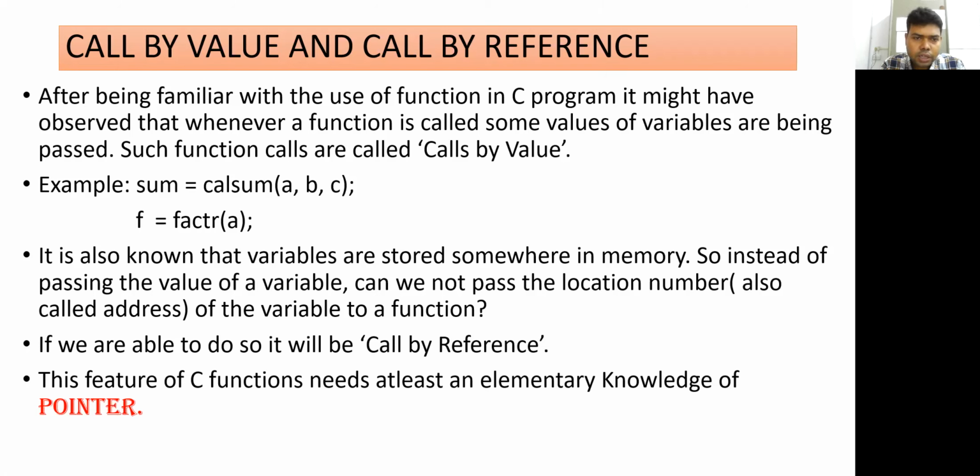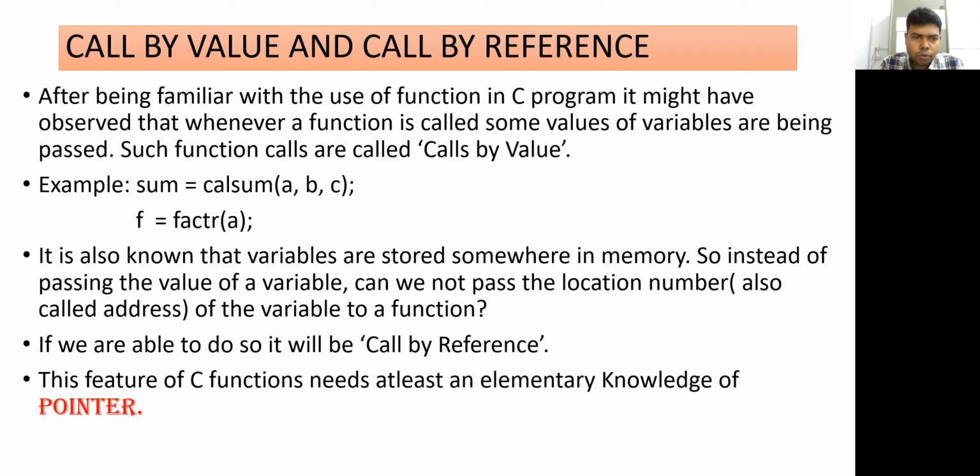And in the called function, their corresponding variables are x, y and z: a's value is saved in x, b's value is saved to y, and c's value is saved to z. In that way the values are passed to the called function.